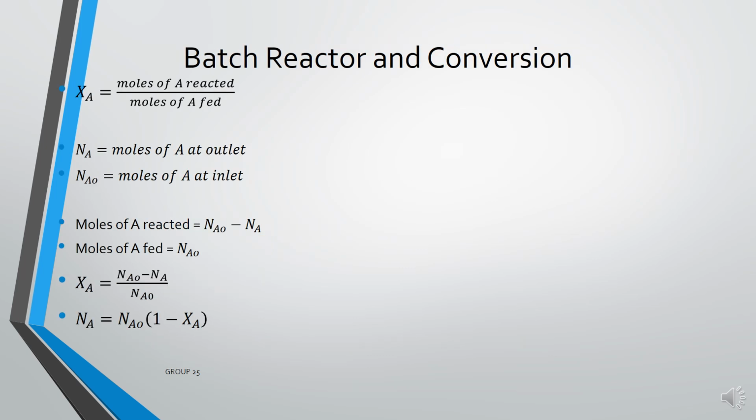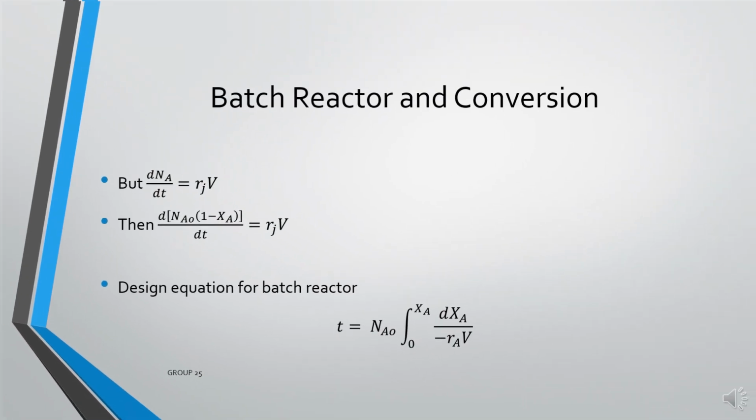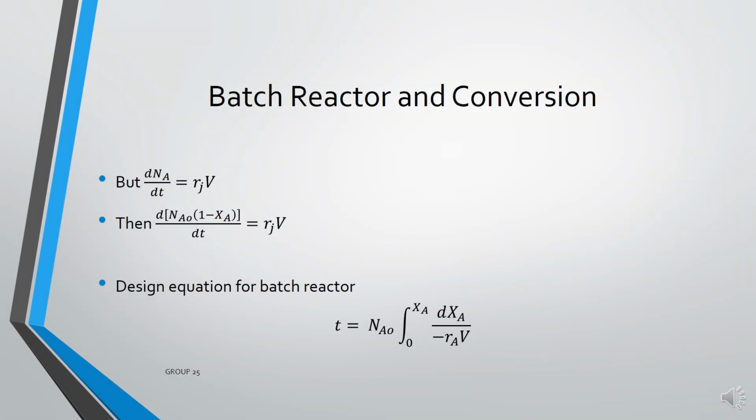For the batch reactor, conversion is done to result in the design equation t is equal to NA0 integral of dXA over minus rAV, with lower limit 0 and upper limit XA.